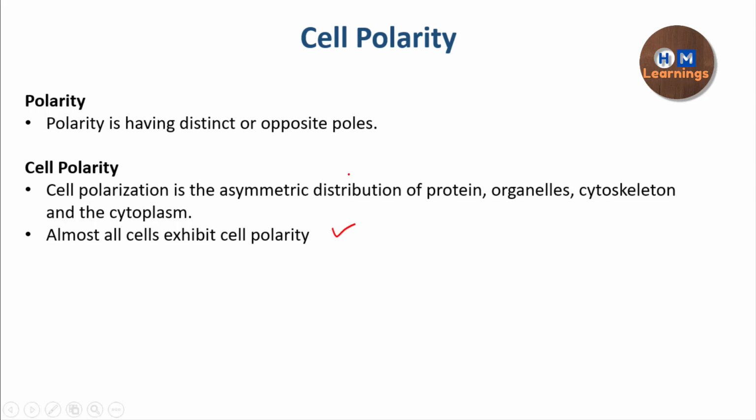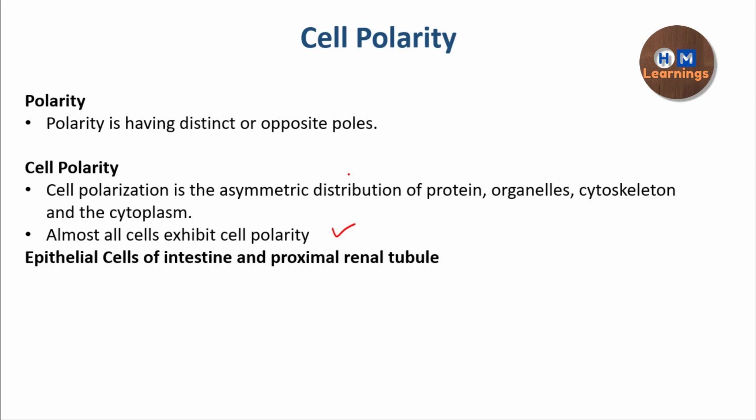The answer is yes, almost all cells exhibit cell polarity, but most commonly we take the example of epithelial cells and neurons to understand cell polarity. Today we are going to take the example of epithelial cells, and in that also the simple epithelial cells of the intestine and the proximal renal tubule.